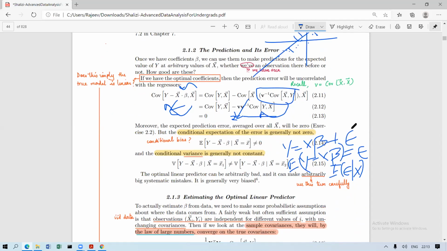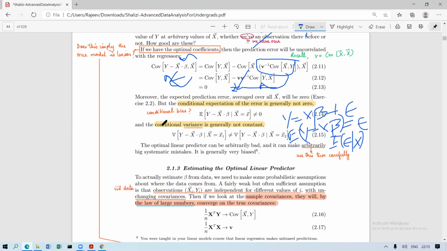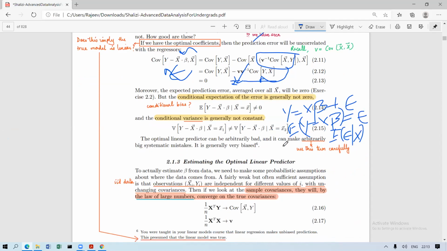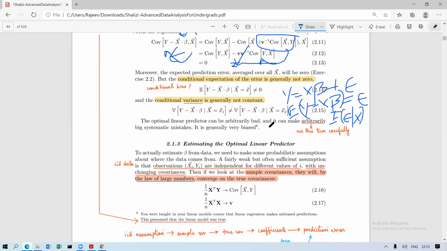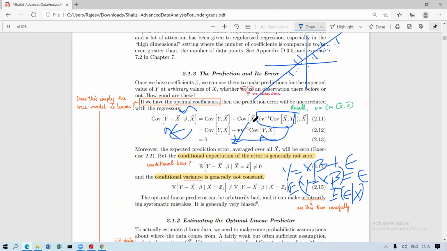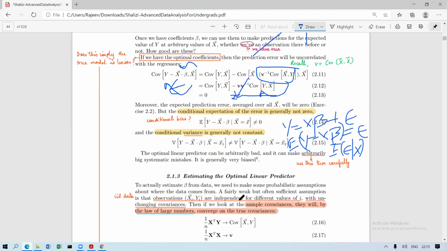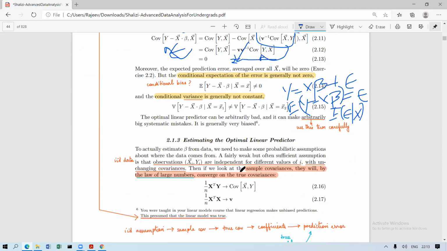It's generally not equal to 0 because a linear fit won't always be the best fit, and similar is the case for covariance. So it's almost always that linear regression would be biased because linear regression is not correct. So was it clear till here? Any doubts?